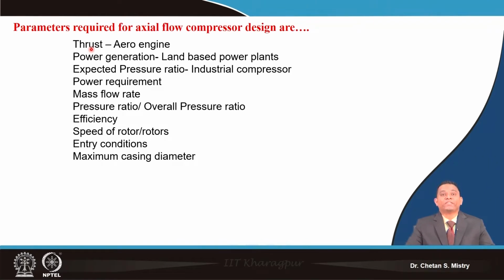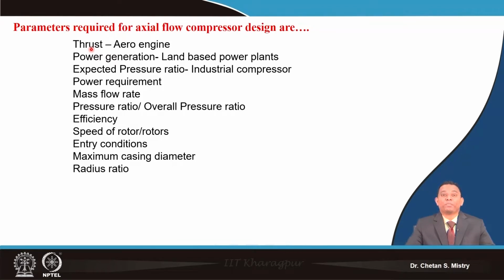Now next is my maximum casing diameter. If we will be fitting this axial flow compressor to aero engines, yes, this is going to be a constraint. Suppose I am talking about an application for power generation in a land based power plant, where casing diameter may not be a constraint for us, but this needs to be known to us.